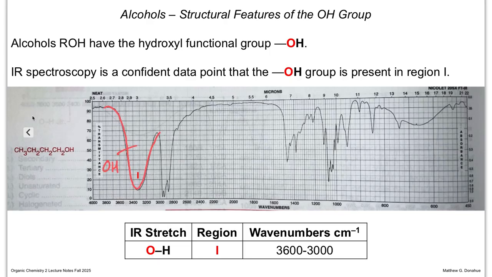So that region there is your IR stretch. What I mean by broad is if we draw a line here where it starts and there where it's kind of ending, you see how it's spanning a large distance of wave numbers on the x-axis.